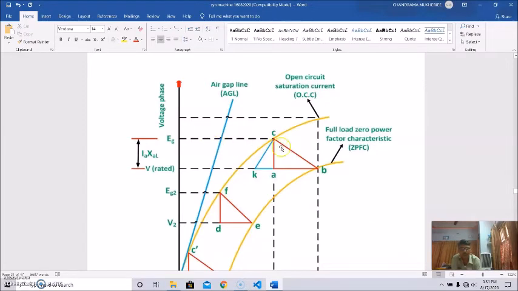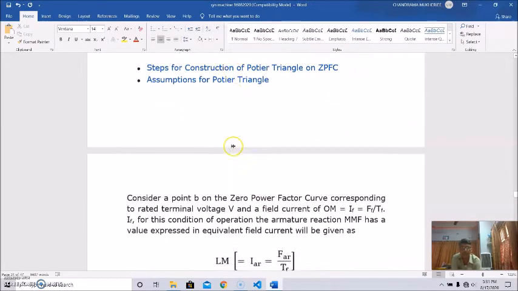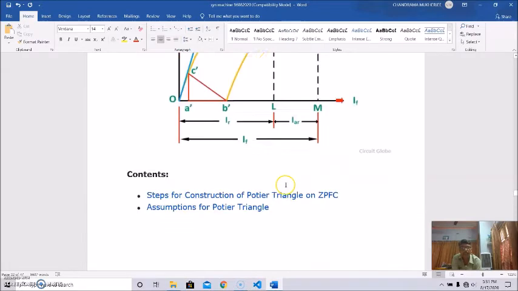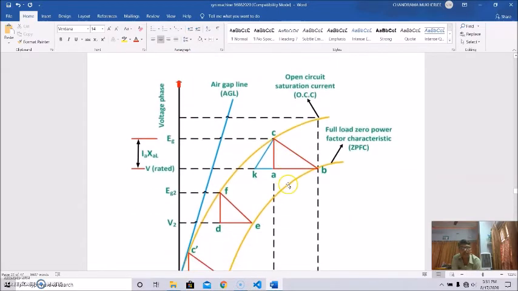So this is the excitation voltage or generated voltage at no load. Okay, so from the no load saturation curve, and since this is lagging zero power factor operation, the generated voltage should be equal to EG equal to V plus IAXAL. So this is V. So automatically this AC should be equal to IAXAL, that is equal to EG minus V.